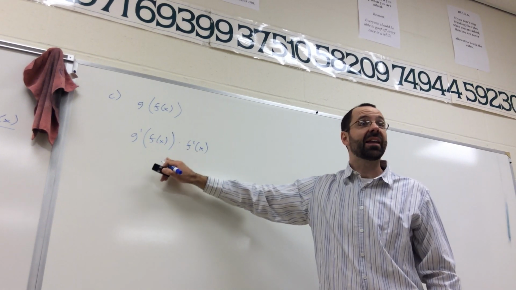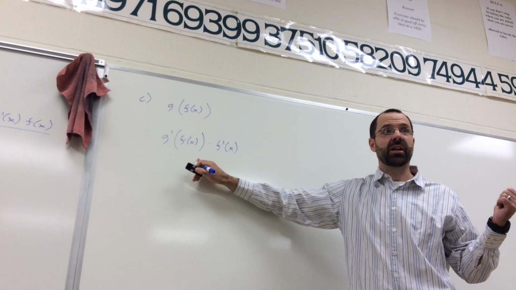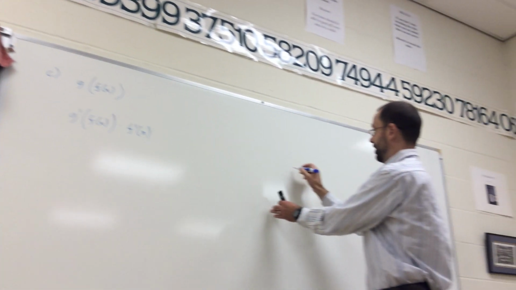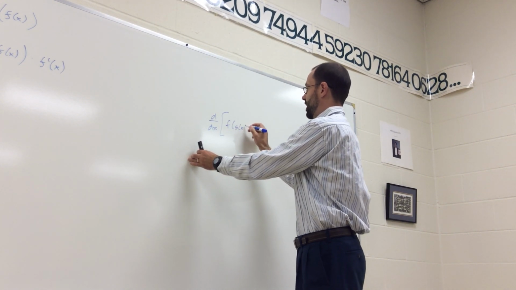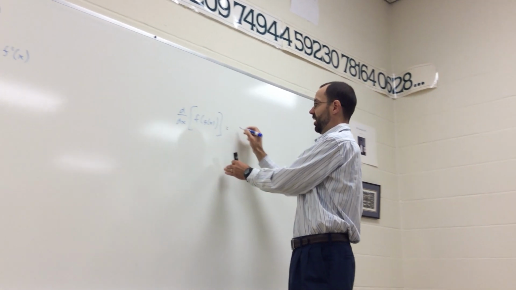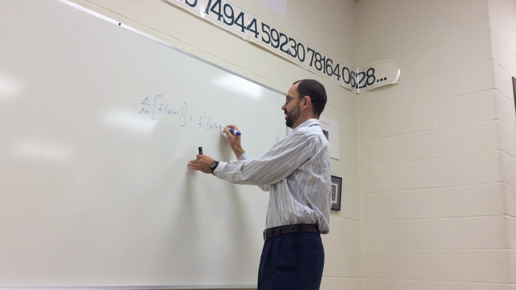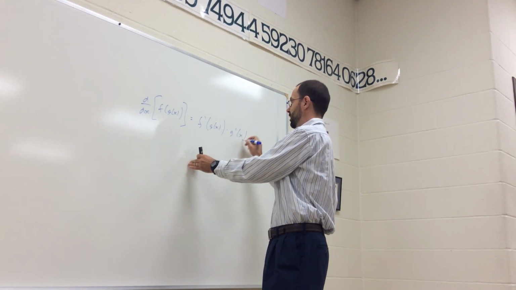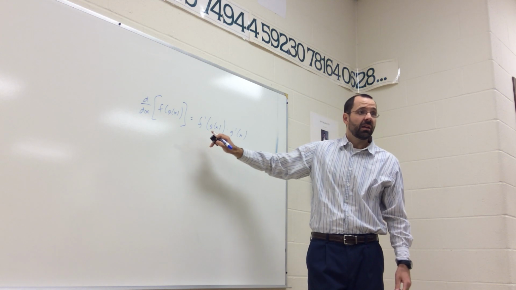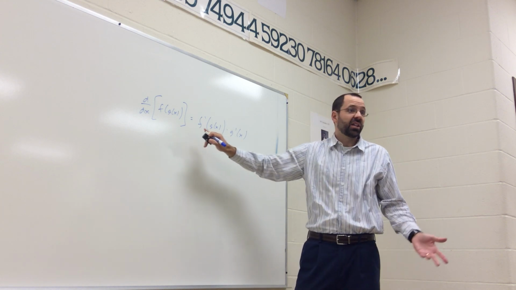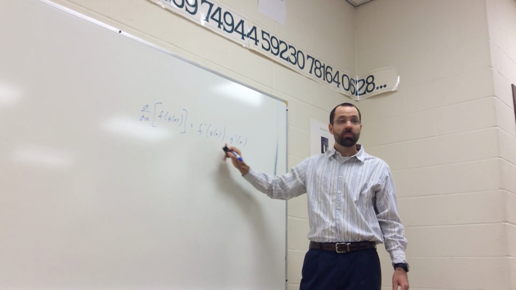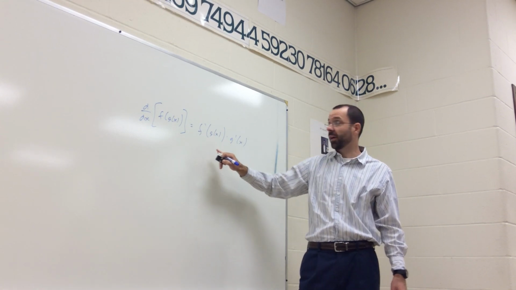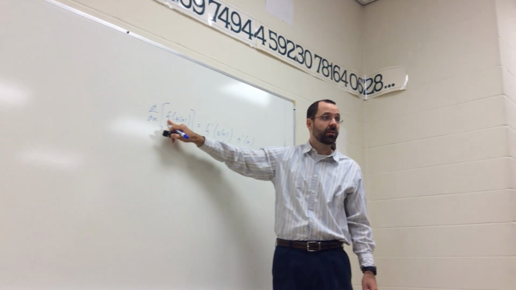Notice this looks a lot like what I wrote down yesterday. Remember yesterday I said, to take the derivative of f of g of x, you just take f prime of g of x times g prime of x. I tried to get you to understand that, but it was a Wednesday, and so you weren't quite there yet at the end of the day yesterday. But now it's clicking a little better, right? Because that's the outside.